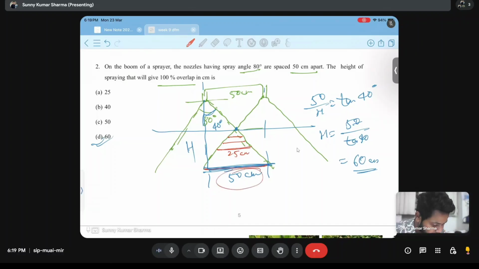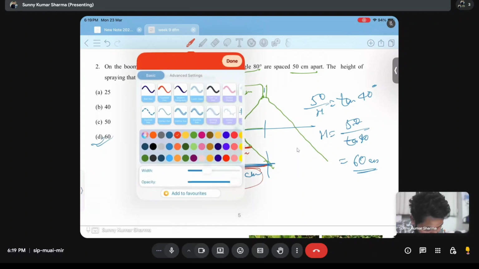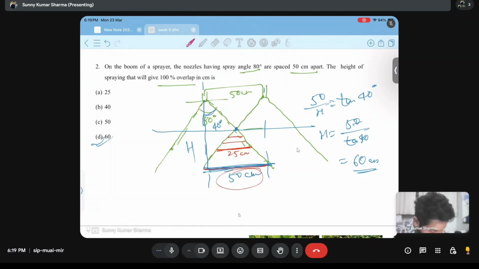So that is 25 centimeter. Now you need to know in that case what is this whole distance. So this is 50 centimeter and this 25 will be left on both sides, so this will become 12.5 and this will become 12.5. Are you getting?